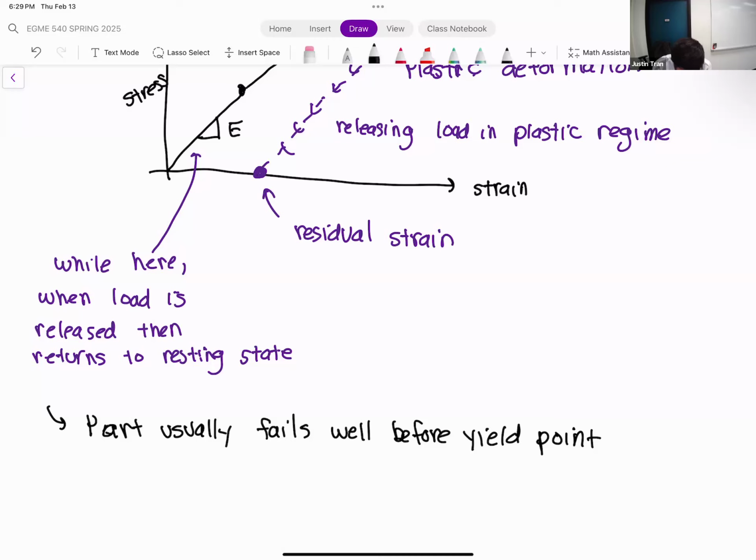Okay, so it's important to note that plastic deformation is not on by default in ANSYS. So ANSYS will by default assume purely linear behavior.